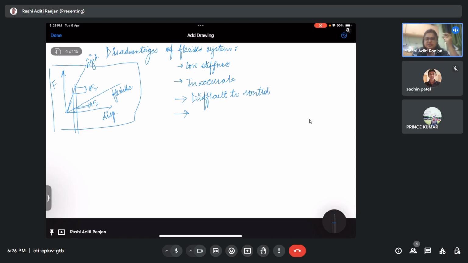Now my rigid body is showing no deformation or a very small amount of deformation. What does it mean? It means that my rigid system is going to have a linear behavior. So I'm going to have a linear relation if I try to model the rigid system.